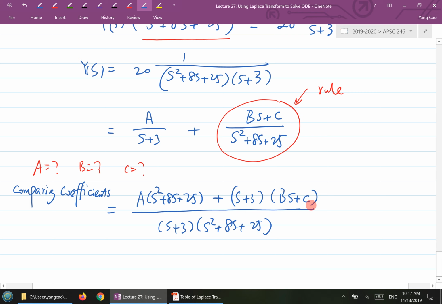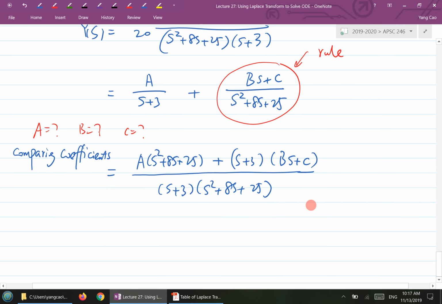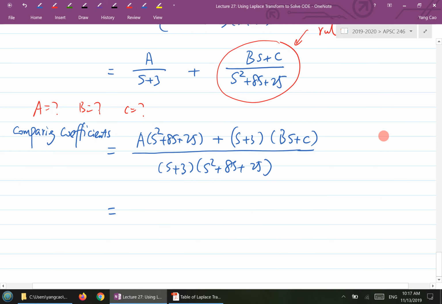So be extra careful when you do all of this, every calculation, right? Don't make any mistakes. One little mistake will lead to the rest of the mistakes, okay? So then we expand the numerator here and also group similar terms for the numerator.